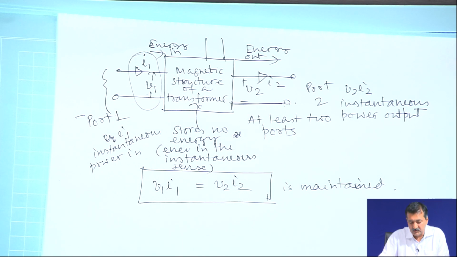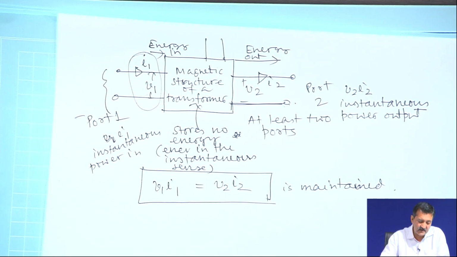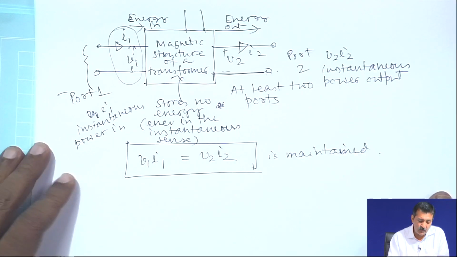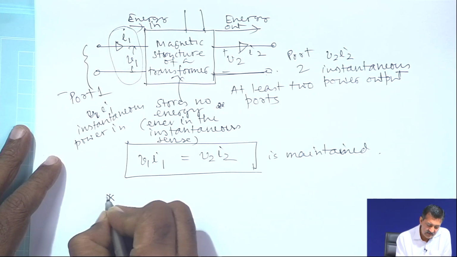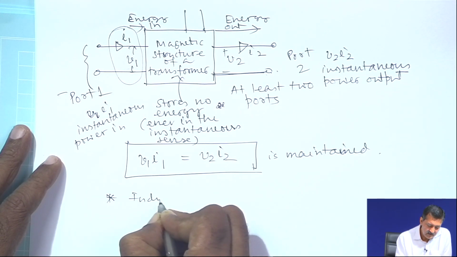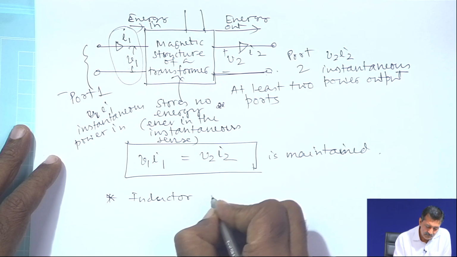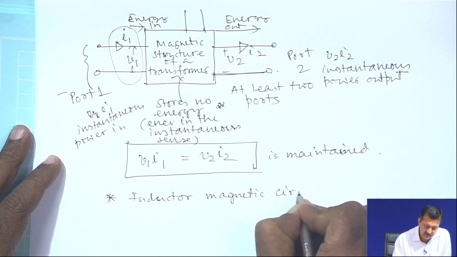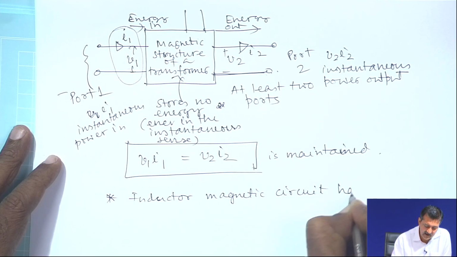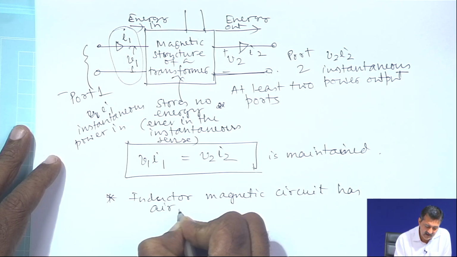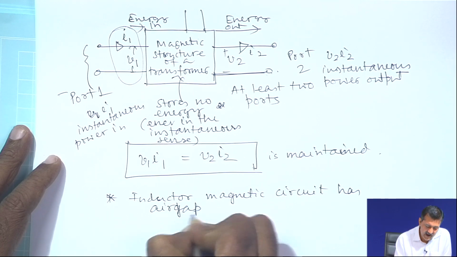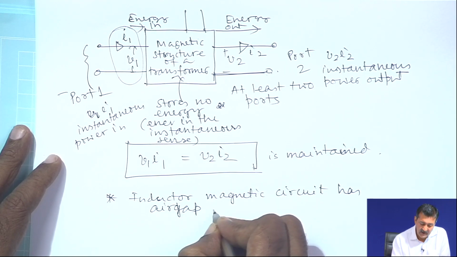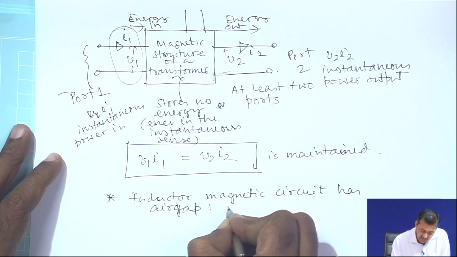I am just reviewing it; probably in previous classes you have already realized that the inductor magnetic circuit has an air gap, and you may be surprised, but energy is stored in the air gap.